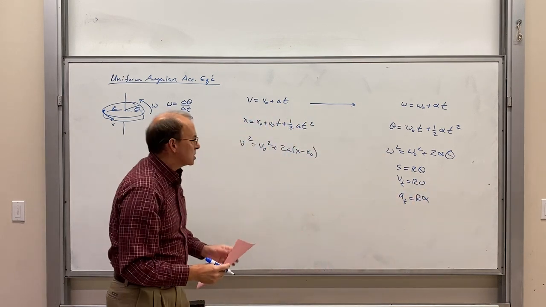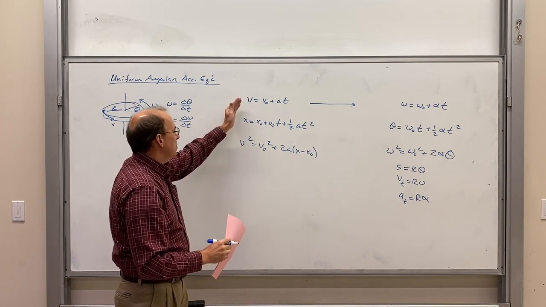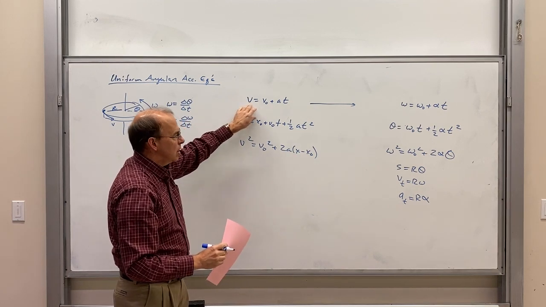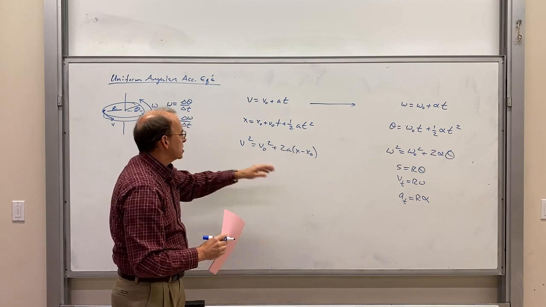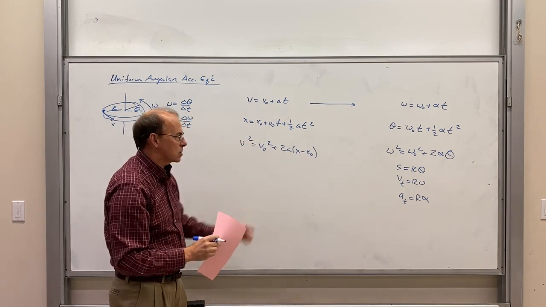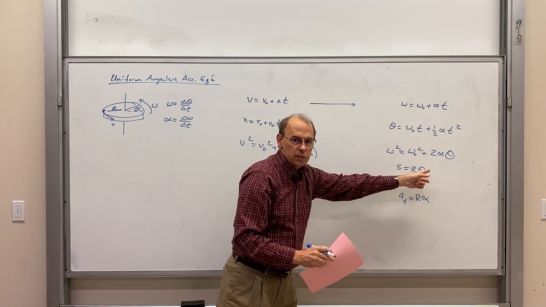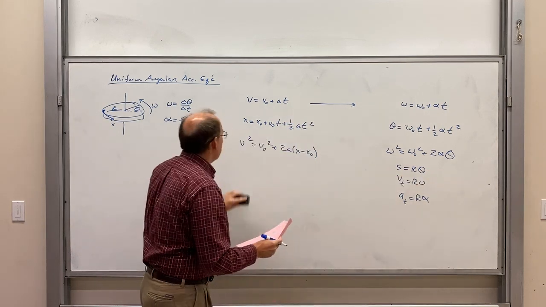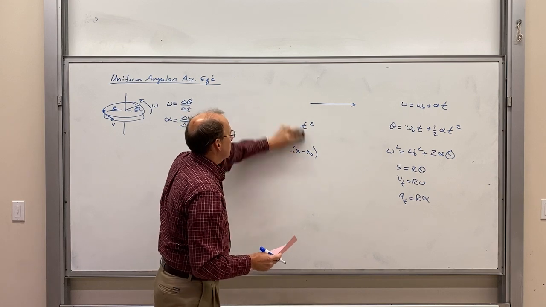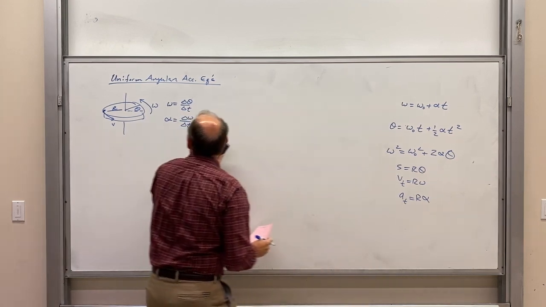And those are the equations that allow us to move back and forth between tangential velocity and angular velocity, tangential acceleration and angular acceleration, distance traveled and angle. So let me just do an example. I think you'll see it's fairly straightforward.